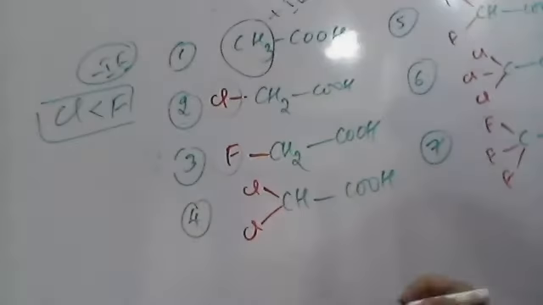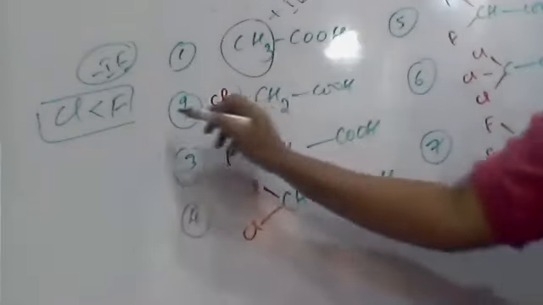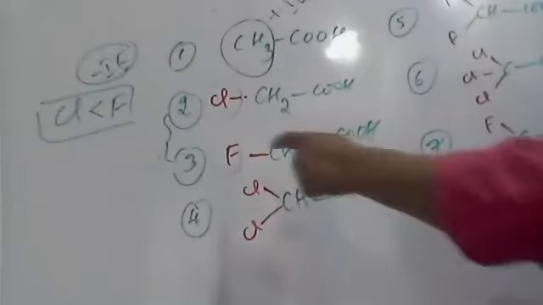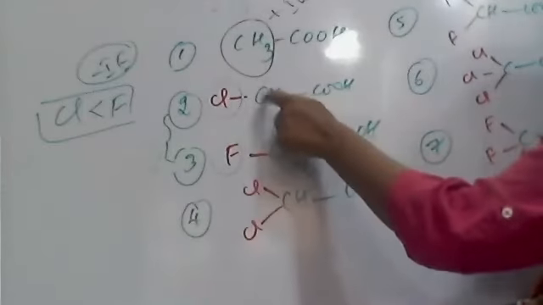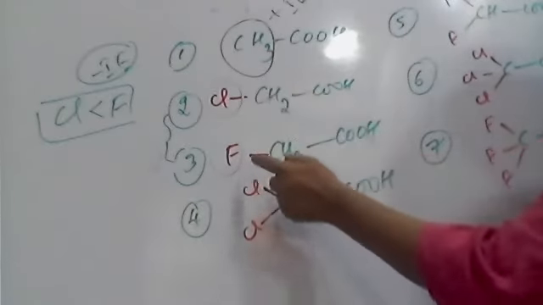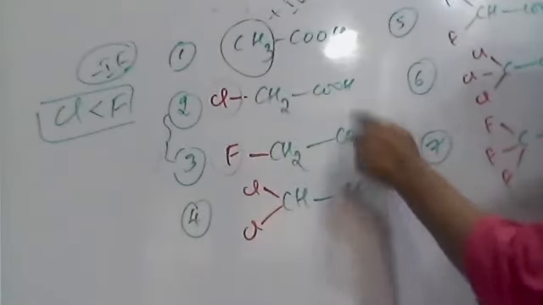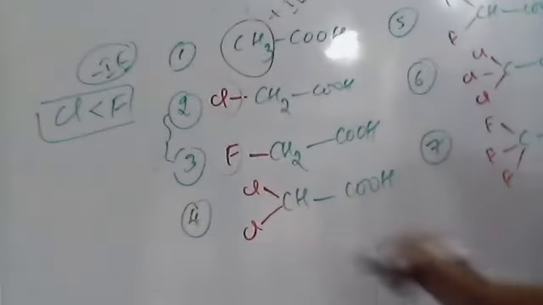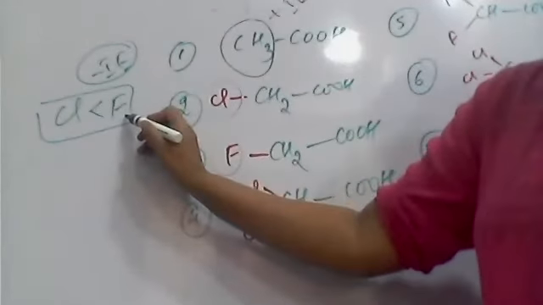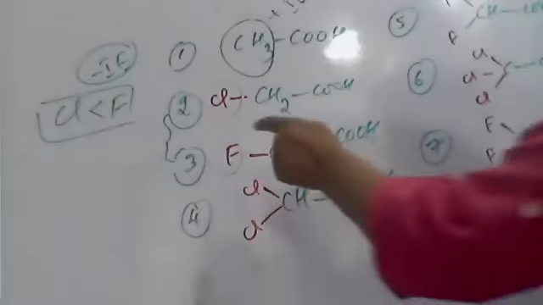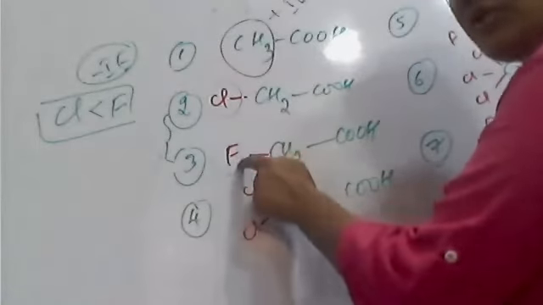So when you compare the second and third acid, the third will be a stronger acid than the second acid. Yes or not? The fluoroacetic acid is stronger than the chloroacetic acid because the electronegativity of fluorine is more than chlorine. So the minus effect of fluorine is more than chlorine.